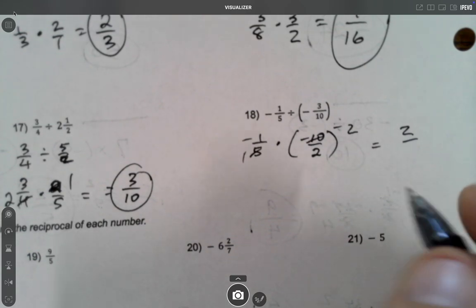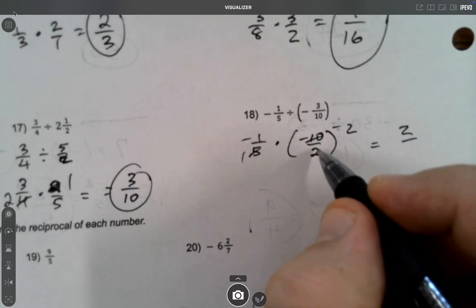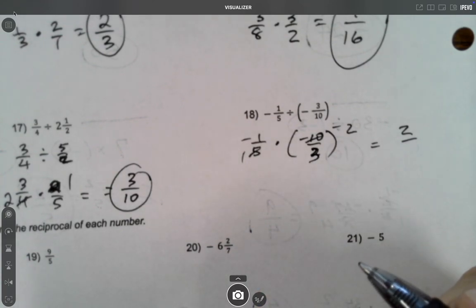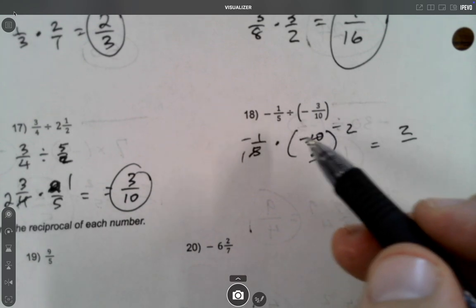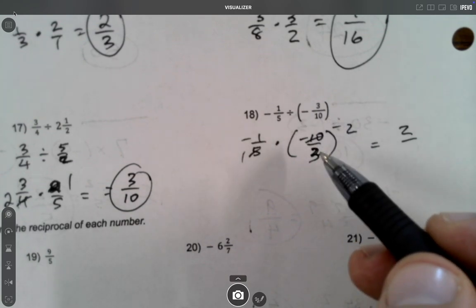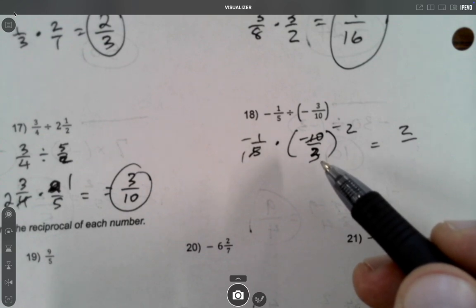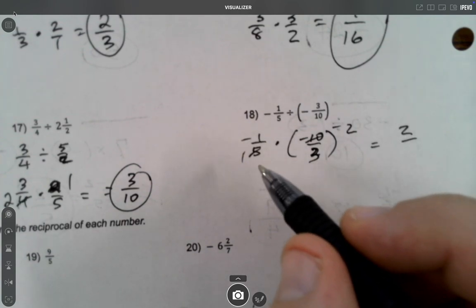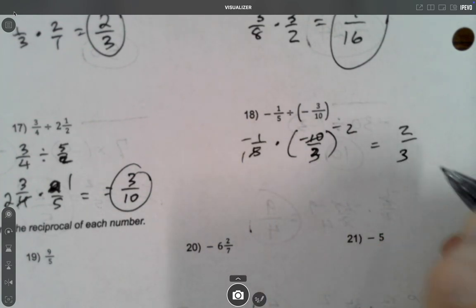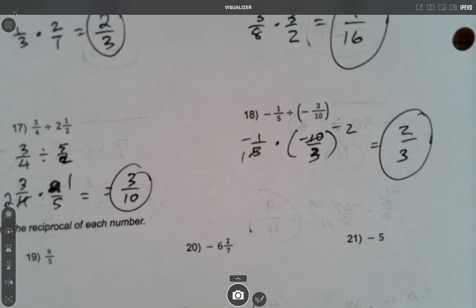Let me back up. Oh goodness, I see it right here. Double check the rest. 10 over 3. Okay, I think that was it. Yeah, we're good. And then 1 times 3 is 3. So we get 2/3 for that answer.